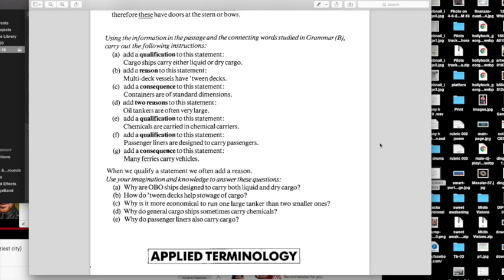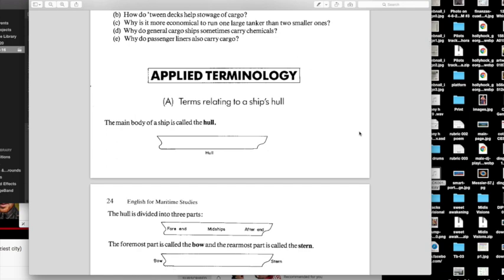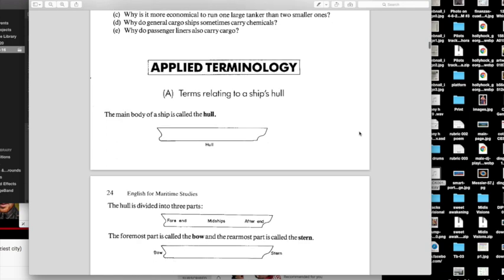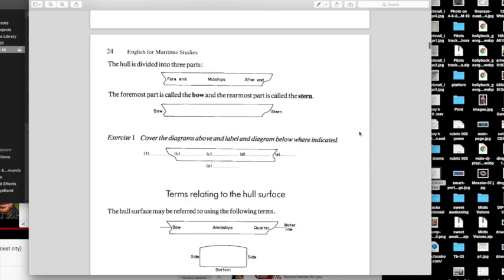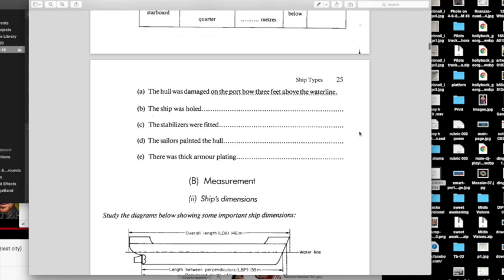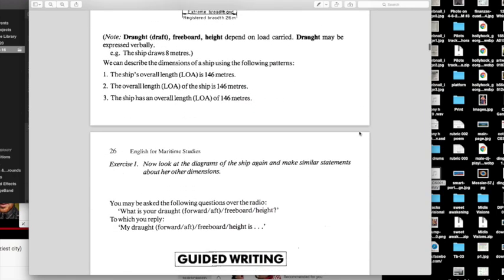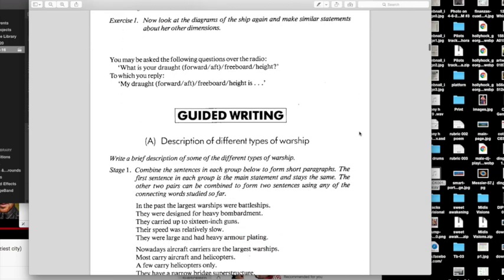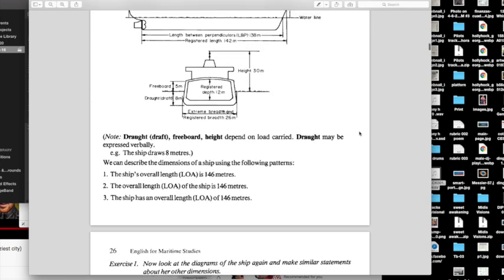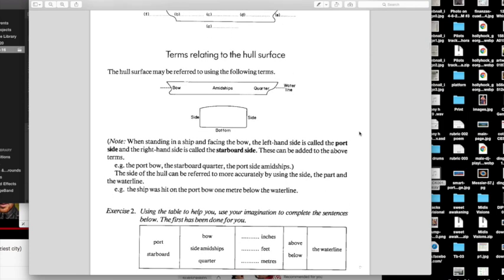Vocabulary. You need to memorize all these words, these terms you're going to see throughout your career, so you better memorize them. Here is a little practice. You're going to write down on top: stern. Practice the pronunciation: fore end, midship, after end, hull, bow, stern, and sides, bottom, waterline.